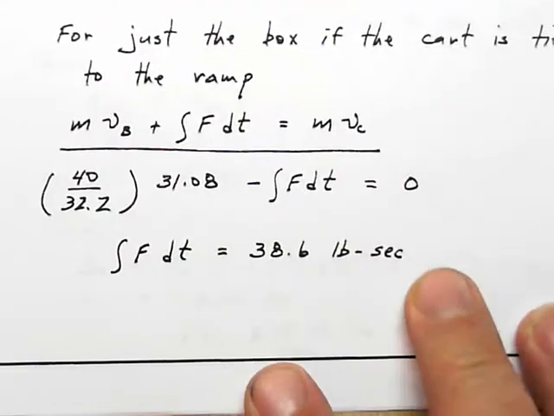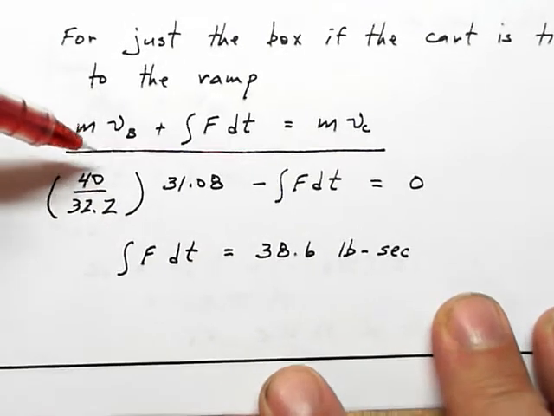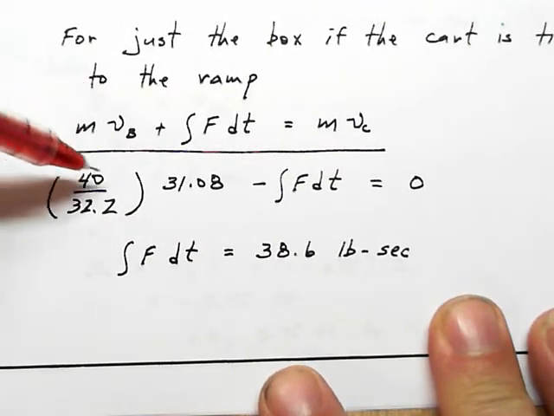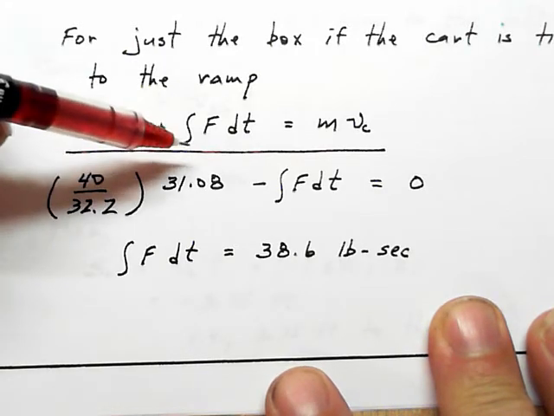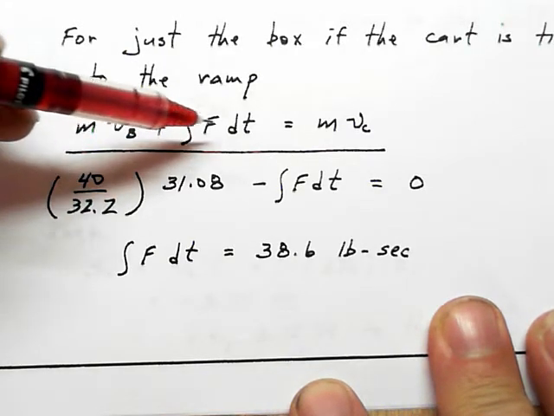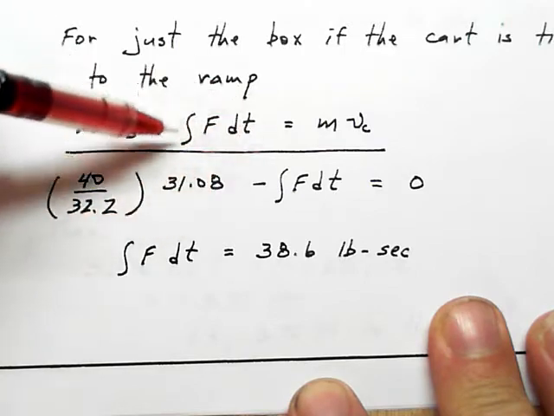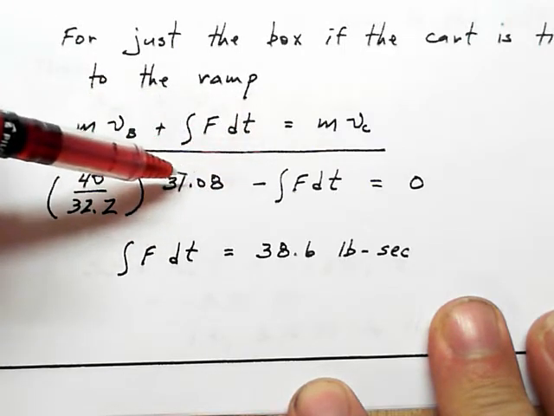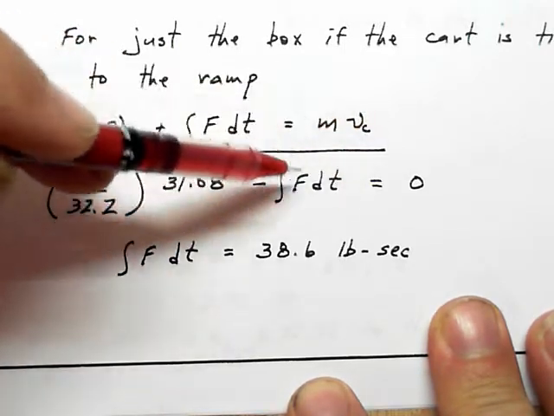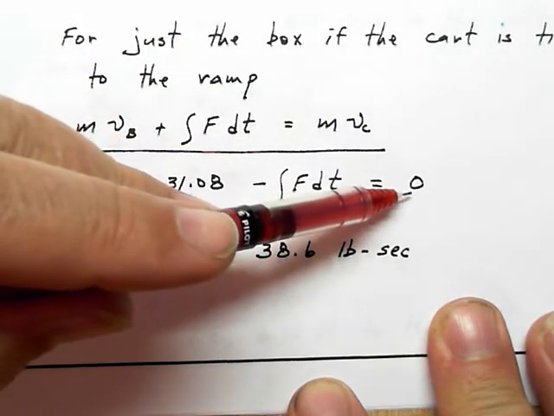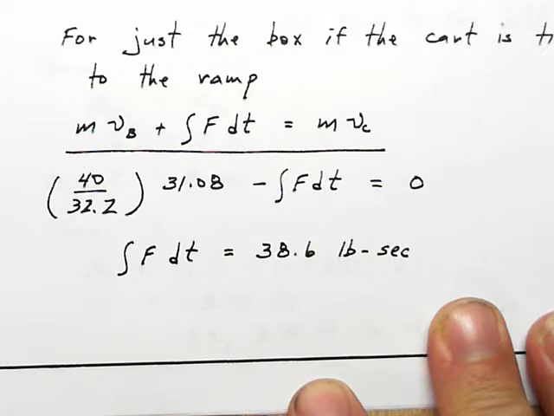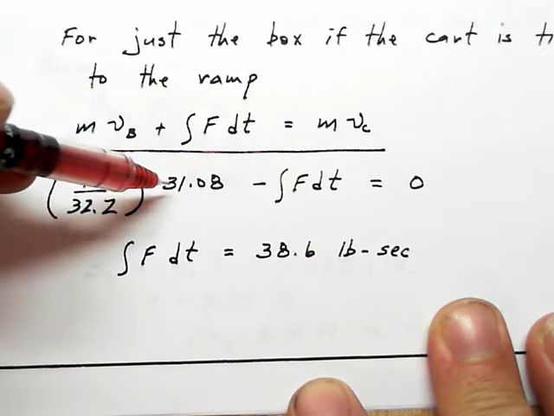And so in this problem, we have our starting momentum. We do have, from the point of view of the box, an uncanceled impulse, and then a final momentum of the box. The final momentum of the box is 0. It comes to a stop. The starting momentum of the box is mass times that 31.08 that we've used before.